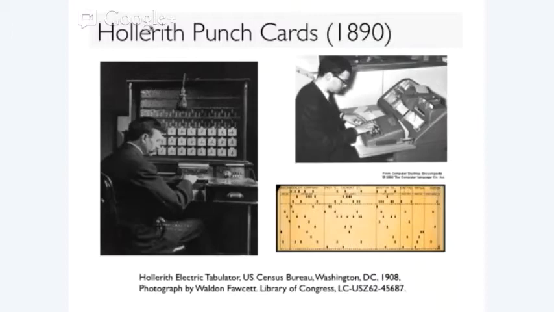So just 10 years later, in 1890, there were 16 million additional people living in the US, but the process took 4 years less. It was 4 years faster. Partially because Hollerith sold to the US government these punch card machines where there was a way to produce punch cards from a keyboard, and then you would feed a stack of punch cards into an automatic addition machine that would process them one by one and then just tally the results.